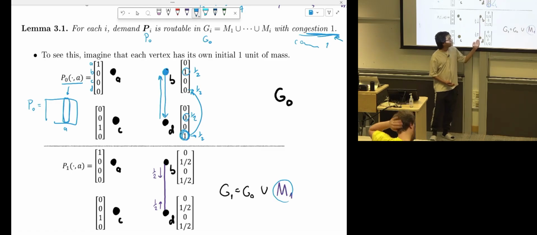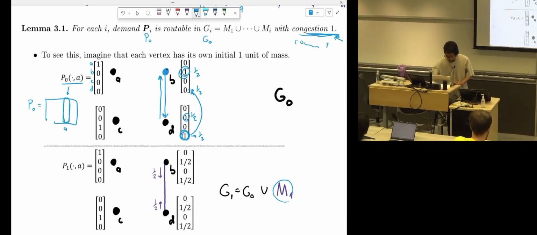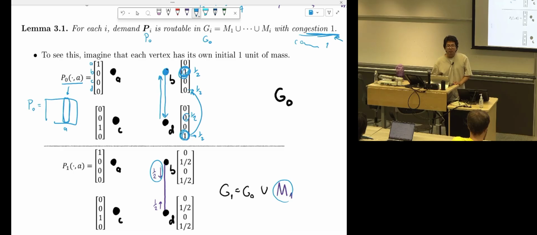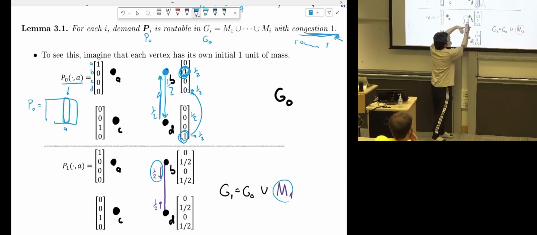And let's look at how much flow has been moved, if you think of probability mass as flow. The total flow that moved from B to D is just going to be 1/2, because basically 1/2 of this thing moved down, and 1/2 of this thing moved up. So 1/2 here moves down, 1/2 moves up.